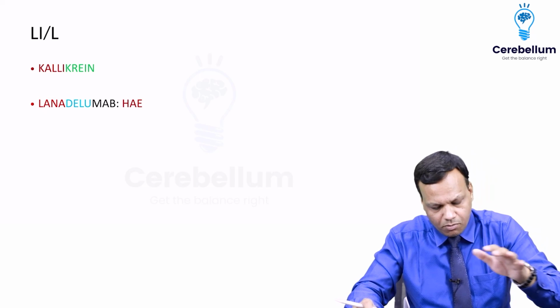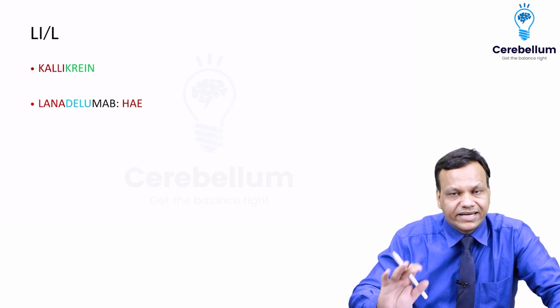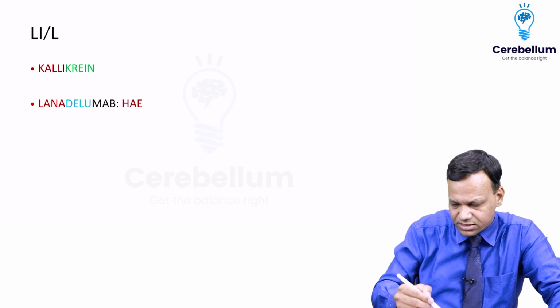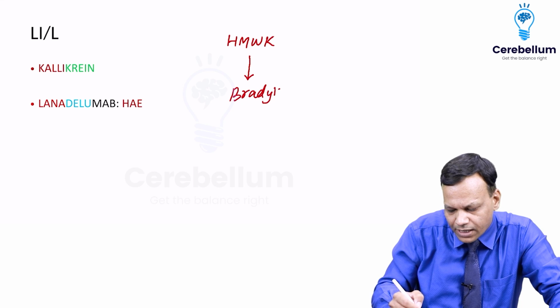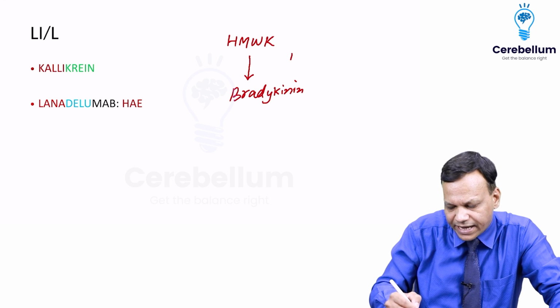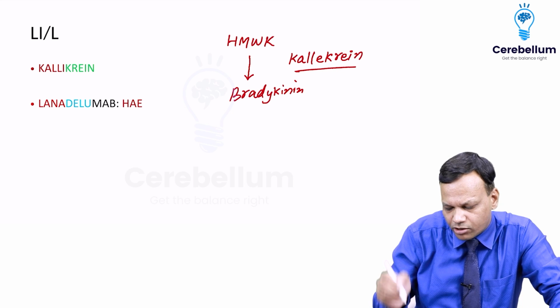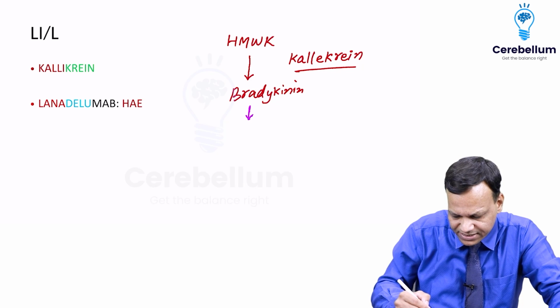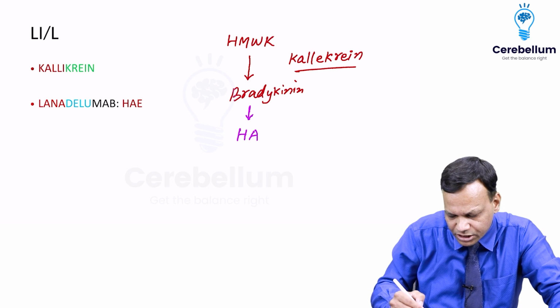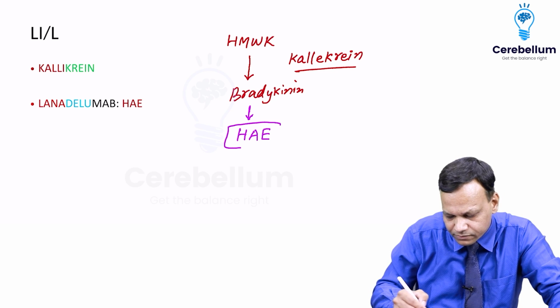Next is monoclonal antibody against kallikrein. So what is kallikrein? First, in the body there is high molecular weight kininogen which is converted to bradykinin, and the enzyme involved is kallikrein. Kallikrein is the enzyme which converts high molecular weight kininogens to bradykinin, and this bradykinin, if it is excessive, leads to hereditary angioneurotic edema.